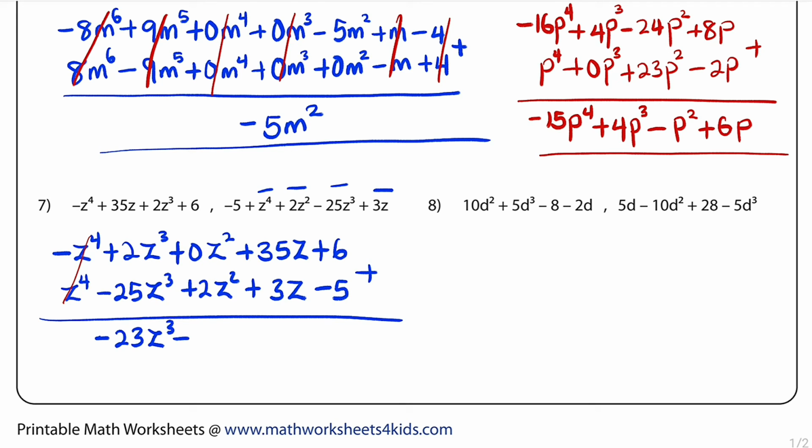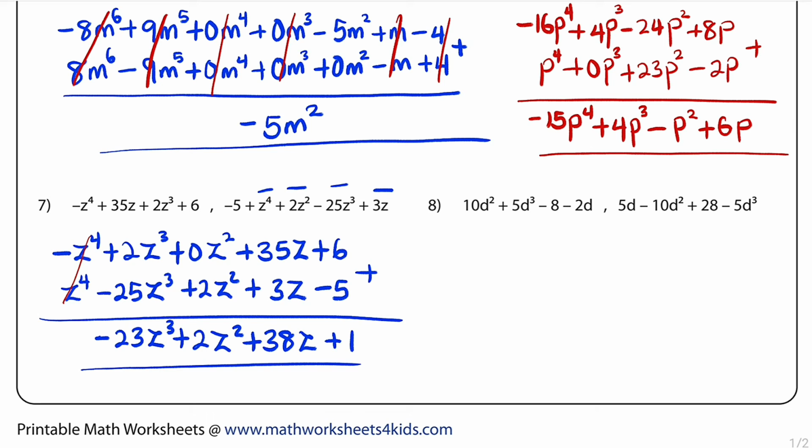Then 0 and 2 is 2, z to the power of 2. Then here we have 35 and 3 is 38, 38z. The last one, 6 plus negative 5 is positive 1. So we have plus 1. So we have just added these polynomials.